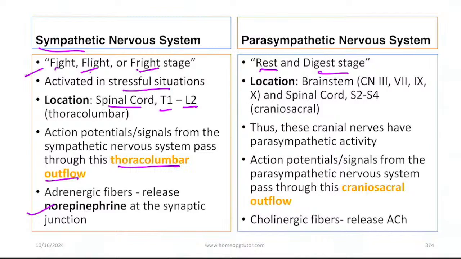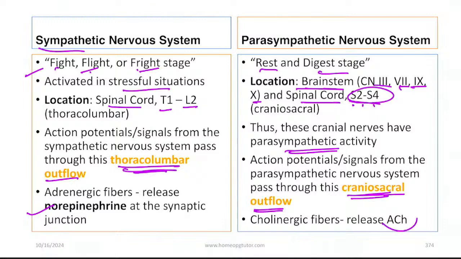Just by the term you can understand it is via the brainstem, mainly the lower cranial nerves, that is the 7th, 9th and 10th cranial nerves, and also the third. And also via the spinal cord, that is the sacral segments S2, S3, S4. The sacral segments and the cranial nerve segments are responsible for parasympathetic activity, otherwise called craniosacral outflow. Craniosacral is for parasympathetic, thoracolumbar is for sympathetic. Just remember that. And the neurotransmitter is acetylcholine.